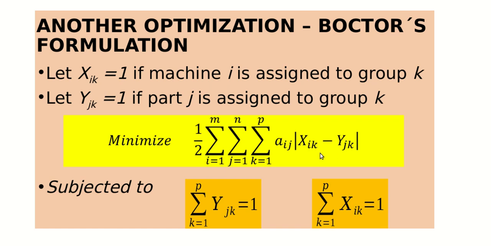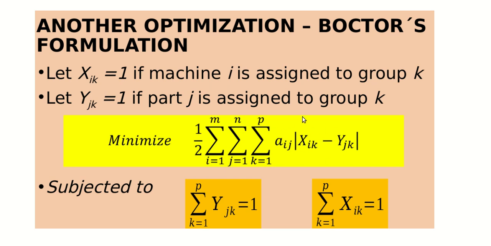Okay. If machine and part belong to the same group, both of them will have a value of 1, then this will be 0. Okay. So I will not have an intercell move if machine and part belong to the same group. So this function is essentially counting the number of intercell moves.